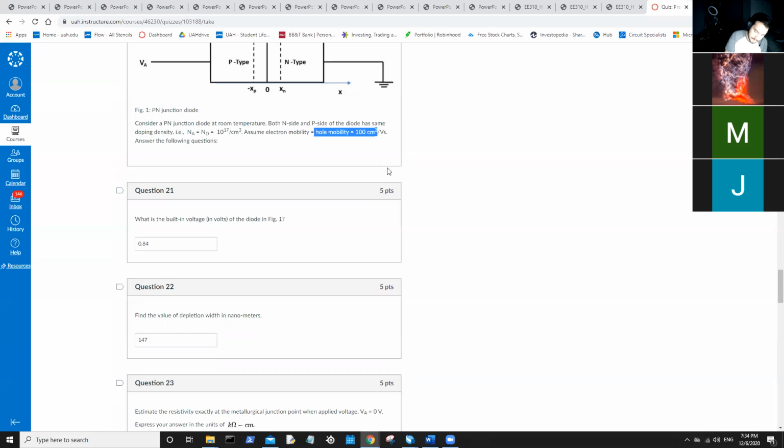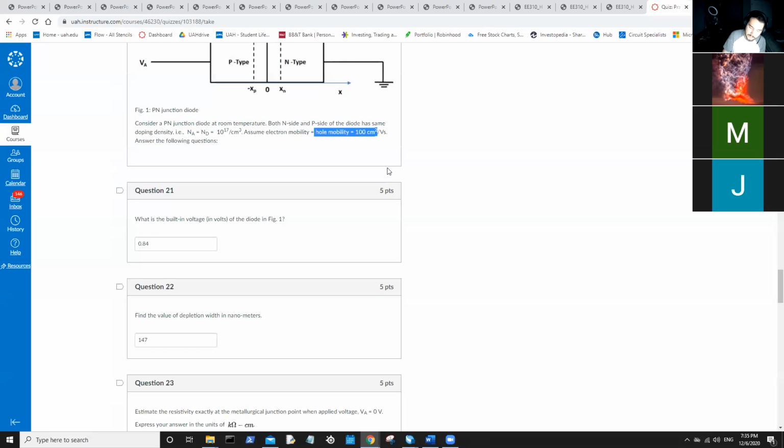And then plus mu p, which is the hole mobility, times your technically p(x), but at equilibrium it's just Na, not Np. All right.